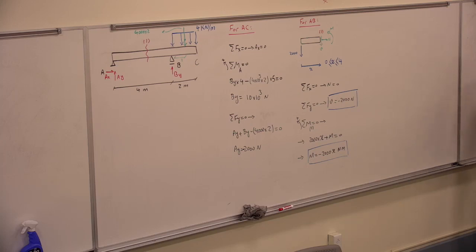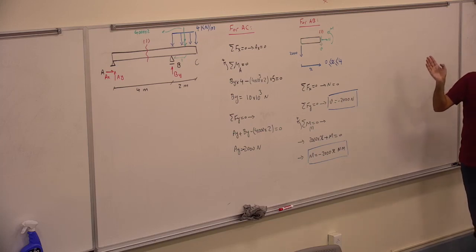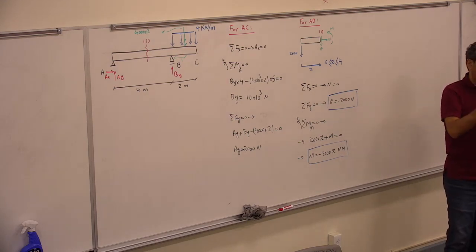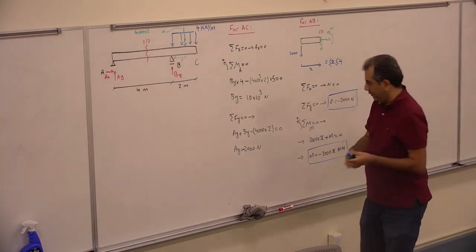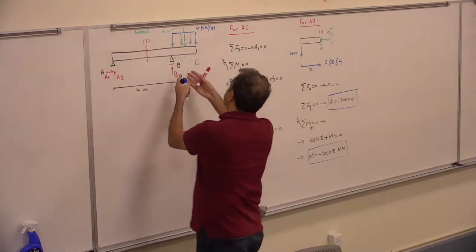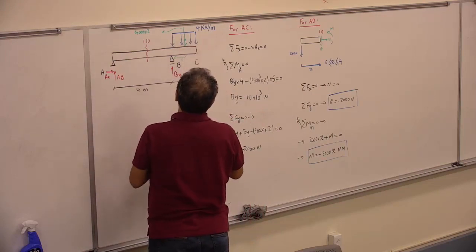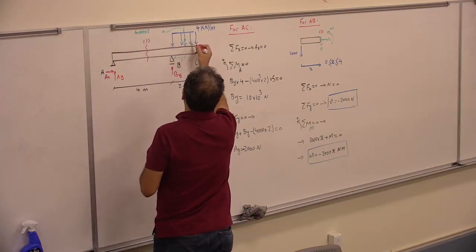Next one, after the B, anytime I have a distributed load, I have to have a section in the middle of that distributed load. So again, both the force changes and I have a distributed load. So I have to go and cut it somewhere there. So I assume I cut it there.